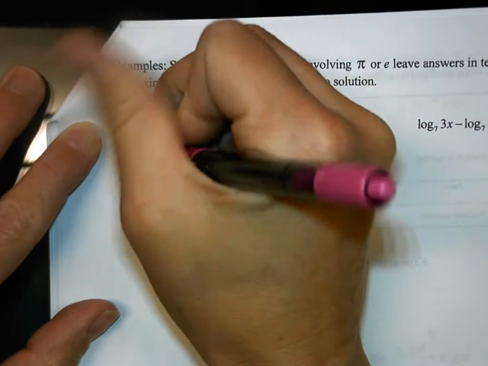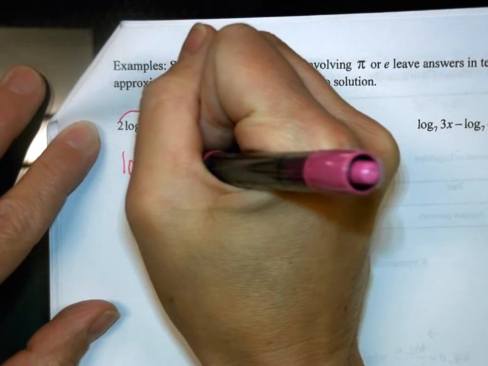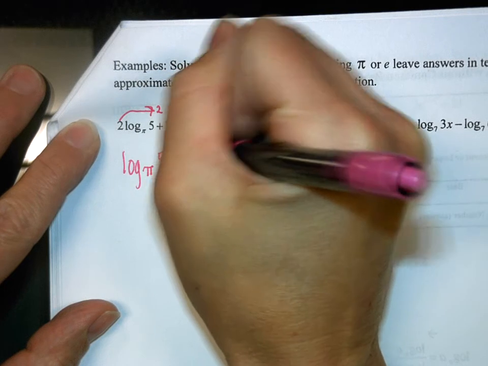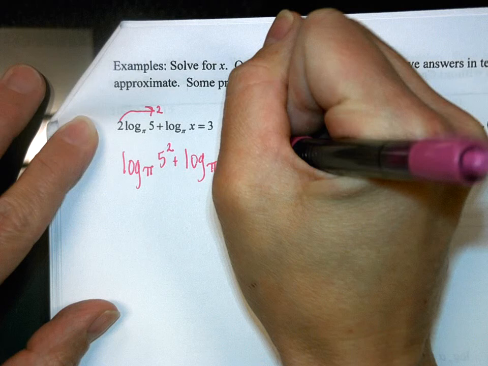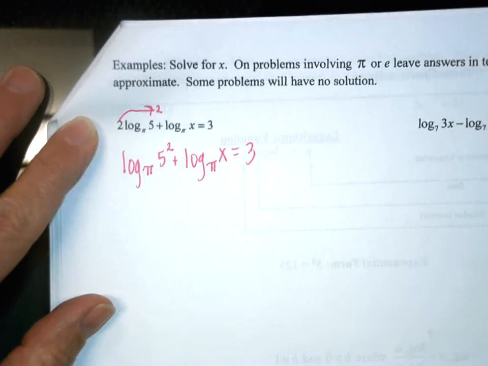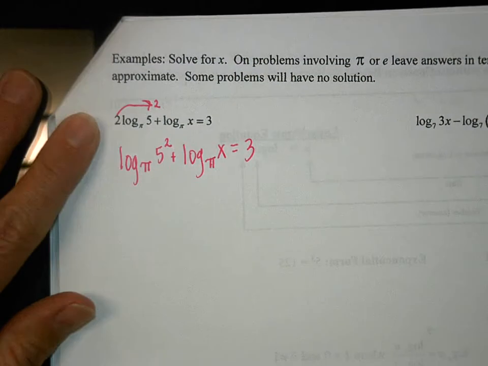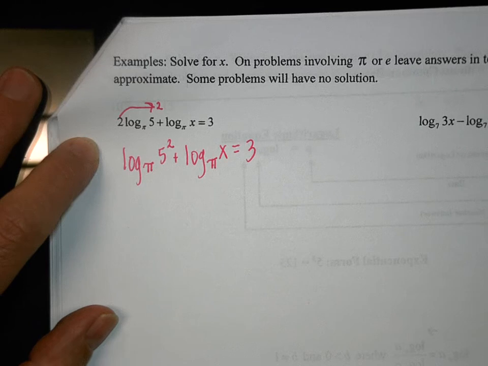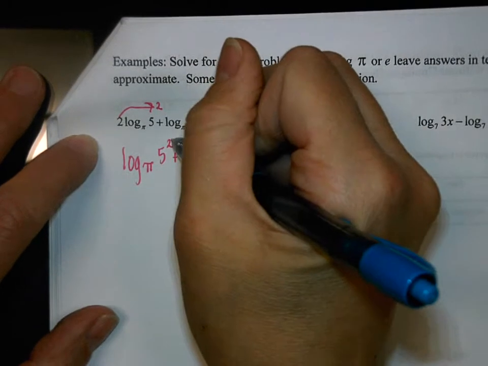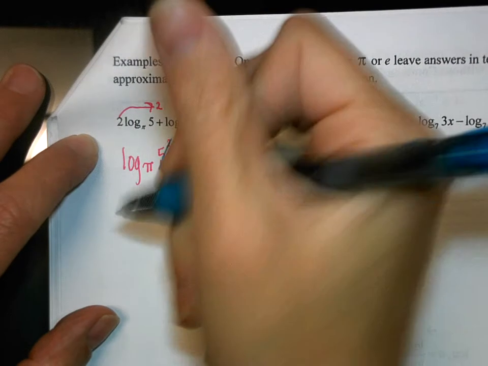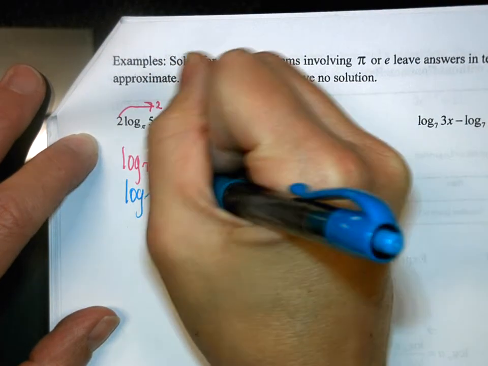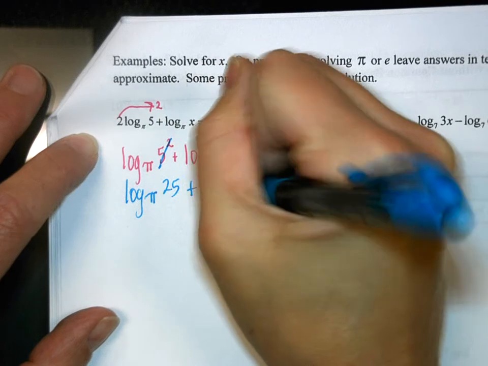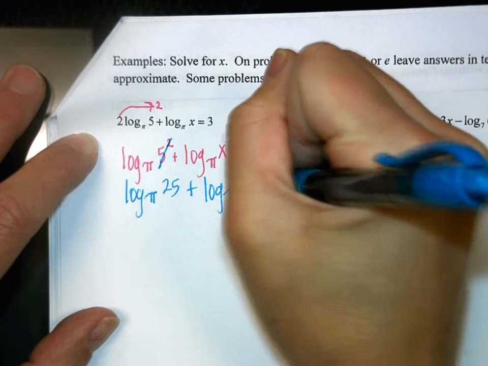So now I have log base pi of 5 squared plus log base pi of x equals 3. We know that 5 squared is 25. So at any point you can reduce that. I'm going to go ahead and do it right now, and rewrite this: log base pi of 25 plus log base pi of x equals 3.